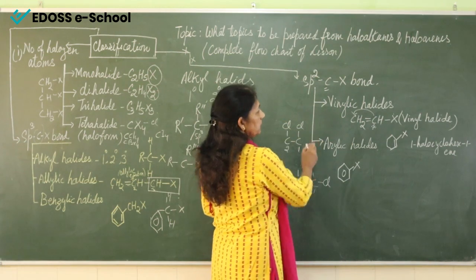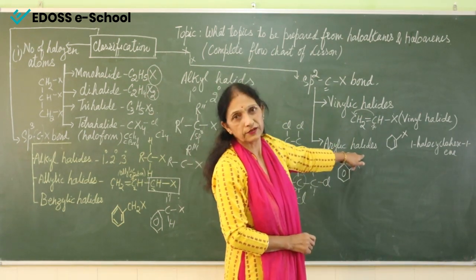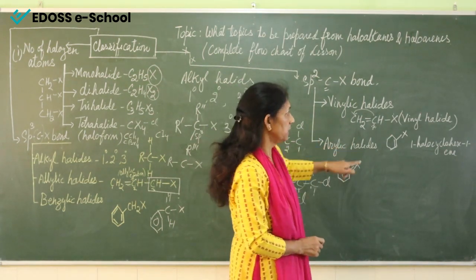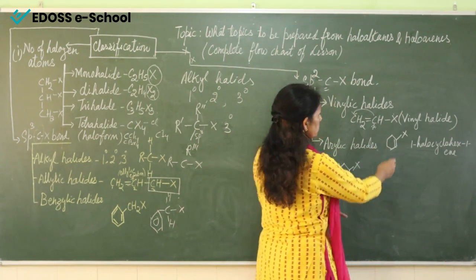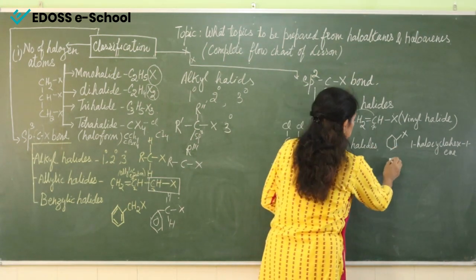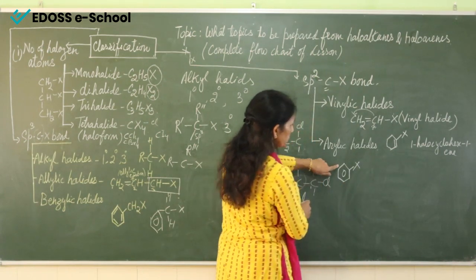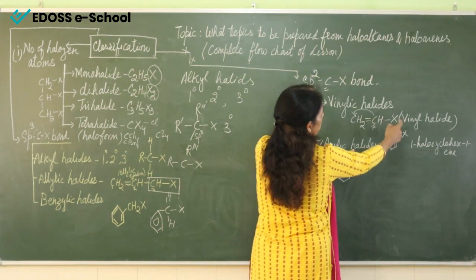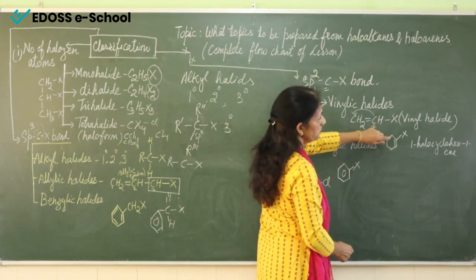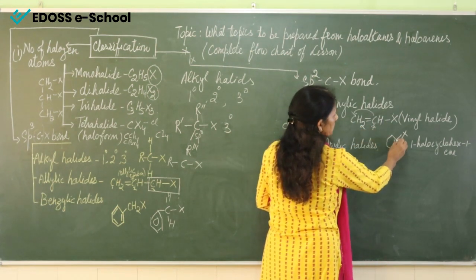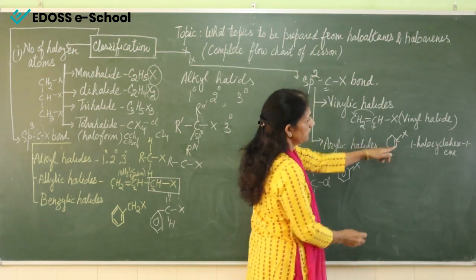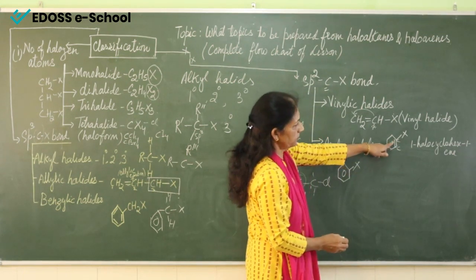Such types of examples are for vinylic halides. And last is arylic halides. Here you can see, in the same way, this is the example of arylic halide, and this is the example of vinylic halide. This is one more example you can see here. This is carbon and this is X, and this carbon is attached with a double bond.